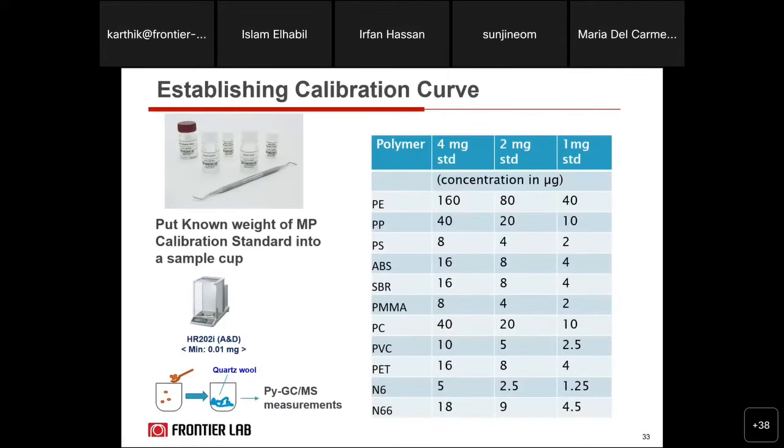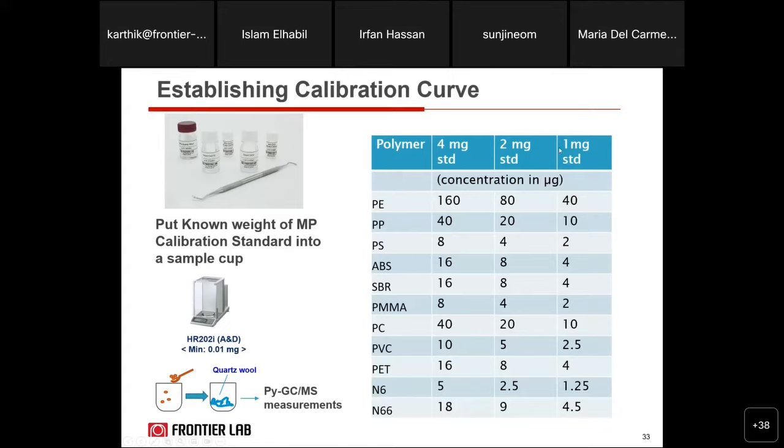The first thing, before you start your unknown sample analysis, is that you have to do a calibration. For calibration, we recommend at least a 3-point calibration. You can use our calibration mixture at 4 milligram, 2 milligram, and 1 milligram.